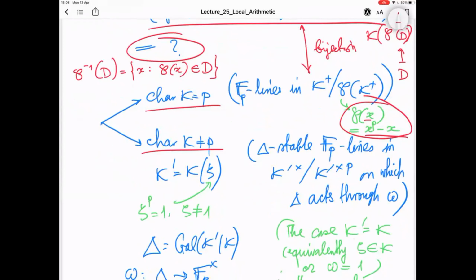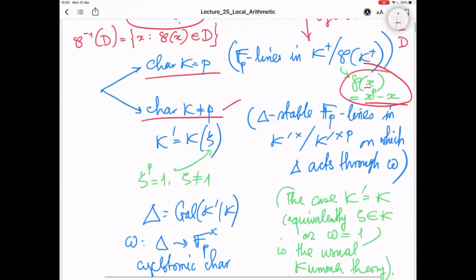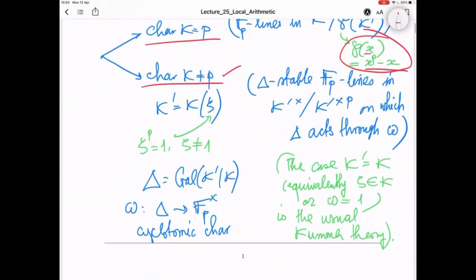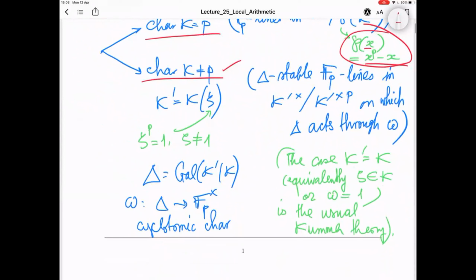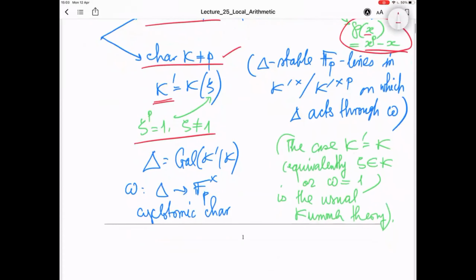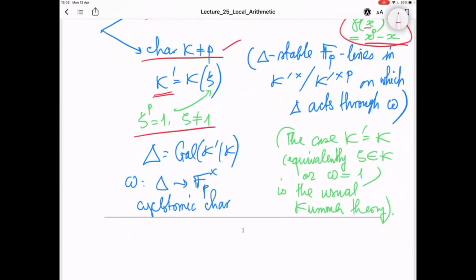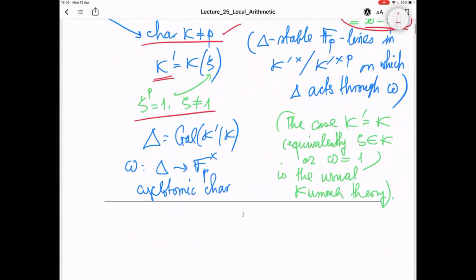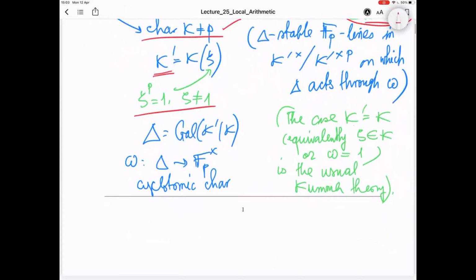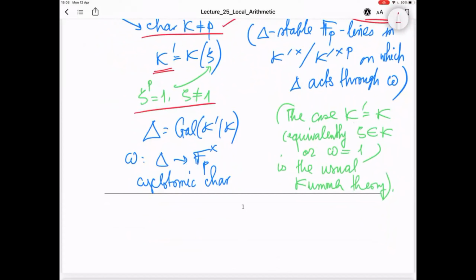Similarly, when the characteristic is different from p, in this case, it was slightly more complicated. First of all, from K, you have to pass to the field K prime, which is obtained from K by adjoining a primitive p-th root of unity, zeta. So K prime is K(zeta), where zeta to the power p is 1, but zeta is different from 1. This is always a Galois extension.